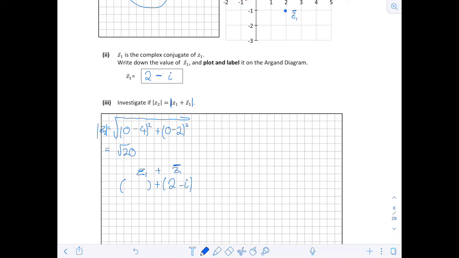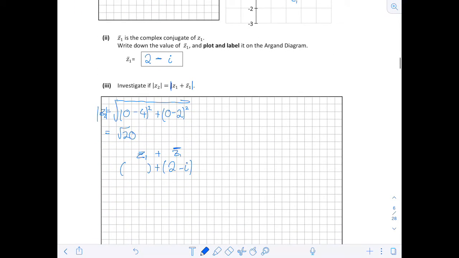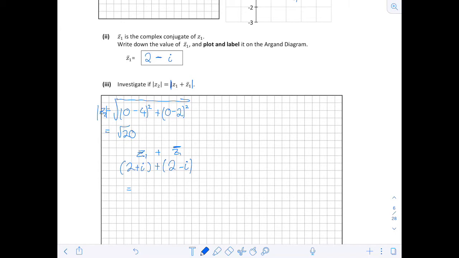So into this bracket here, I'm going to put in 2 plus i. Okay, so that's going to equal 4 plus 0i, or just 4.